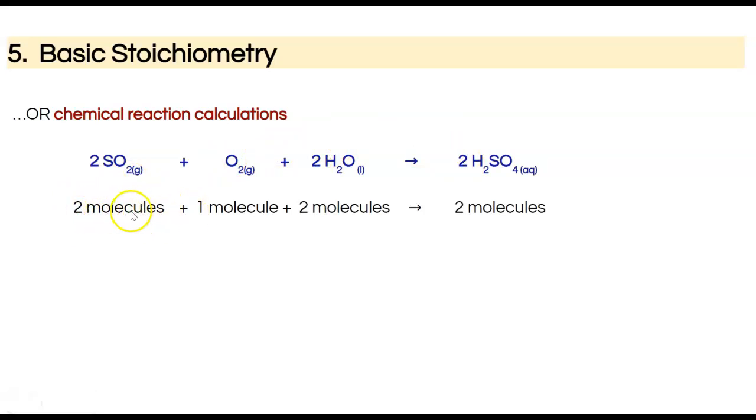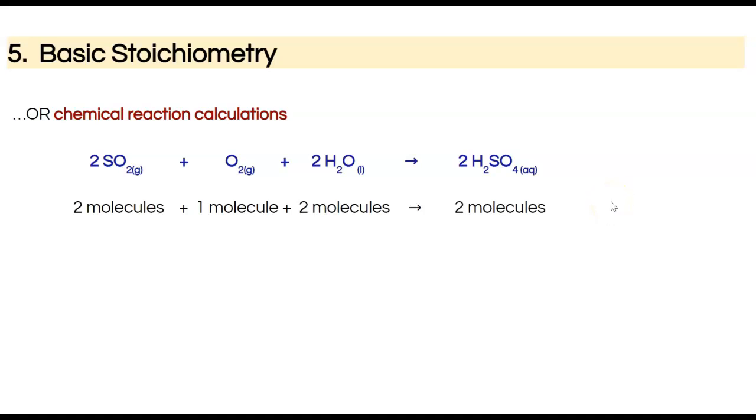So 2 molecules of sulfur dioxide plus 1 molecule of oxygen gas plus 2 molecules of water can give us 2 molecules of sulfuric acid. And if we count out the atoms, we've conserved atoms on the product and reactant side through this reaction. We also know that 1 mole of any substance is equal to 6.02 times 10 to the 23 pieces.